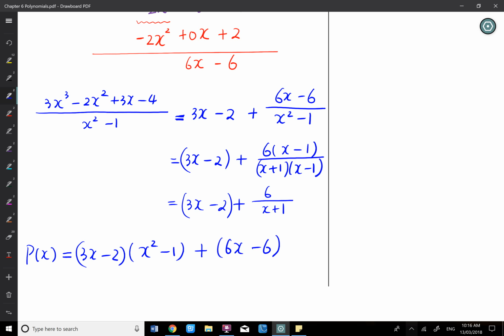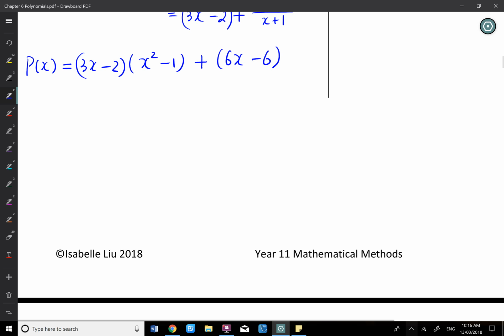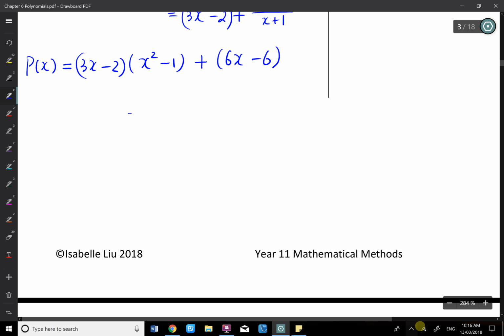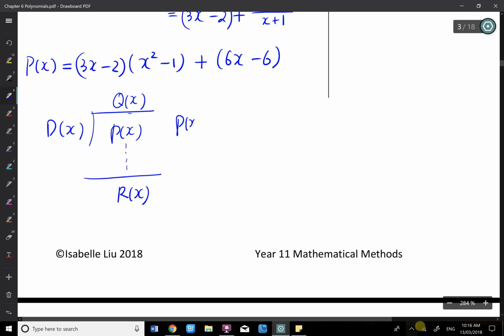Let's give a general expression. So the general expression will be when you have a p(x), you're trying to divide by another polynomial, you have the quotient, whatever that equals to, and then the remainder r(x). So p(x) will equal q(x) times d(x) plus r(x).